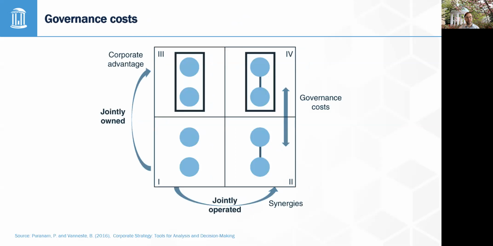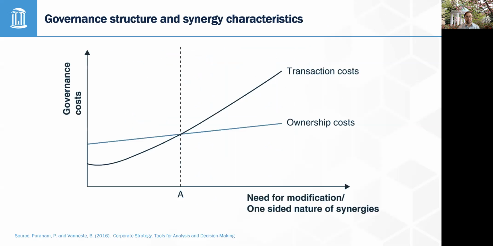The thing that determines that difference is governance costs. There are going to be governance costs managing any type of joint operation, whether that is two business units of the same company or independent businesses negotiating and working together to create value. The question is whether those governance costs will be lower with joint ownership or without it. Two factors really drive that. There are two different types of governance costs.